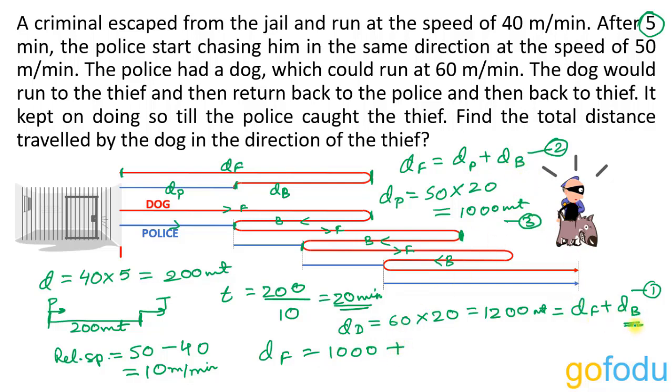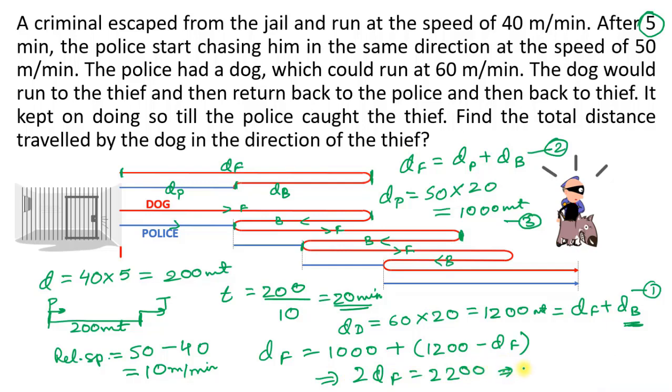And distance backward is 1200 minus distance forward. So from here we can say 2 times distance forward is equal to 2200, or distance forward is equal to 1100 meters. Put this in equation number 1 and distance backward will come out to be 100 meters.